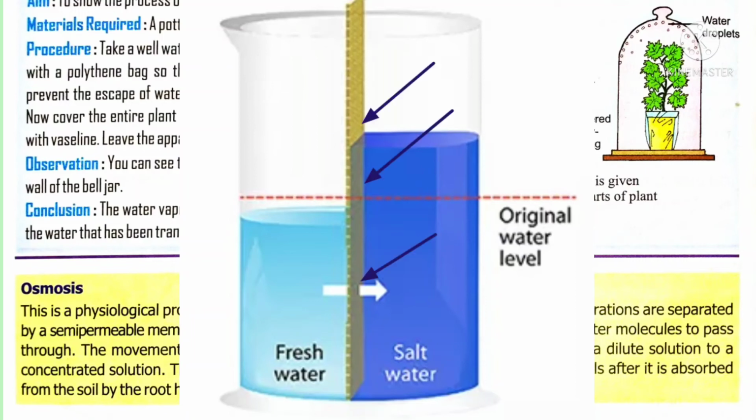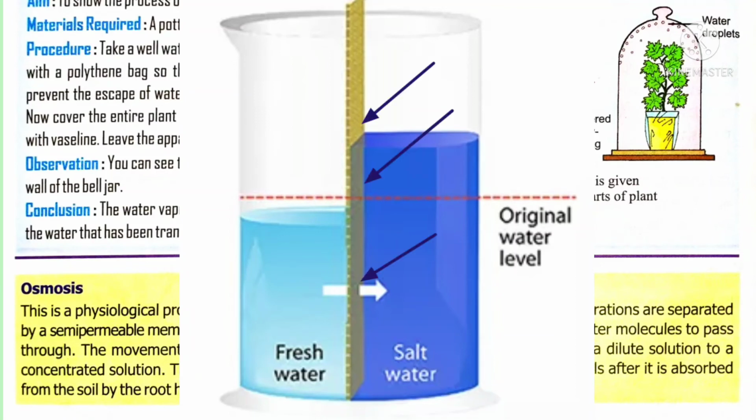Now you tell me, what is a semi-permeable membrane? It is a membrane-like structure in which a small number of holes are present. Through this membrane, only water particles will be transferred from one side to another. So in the solution, what do they do?